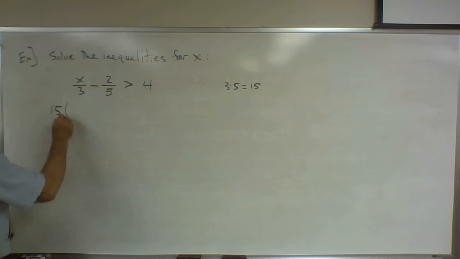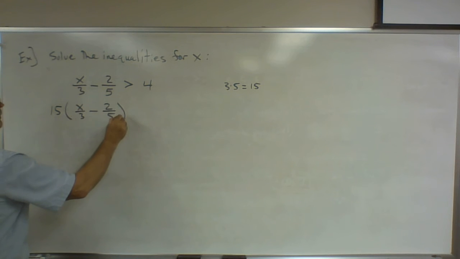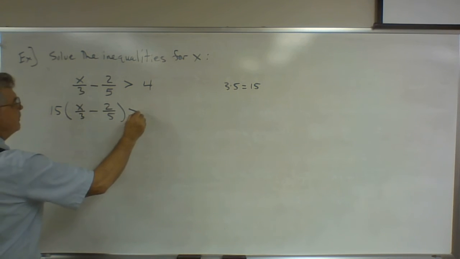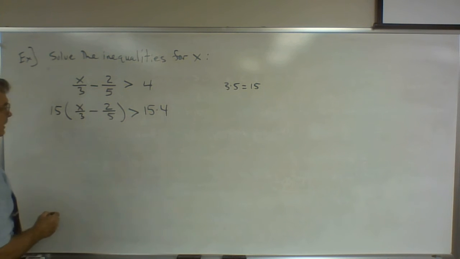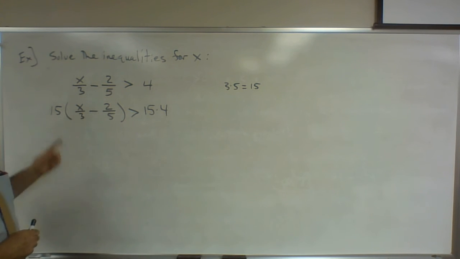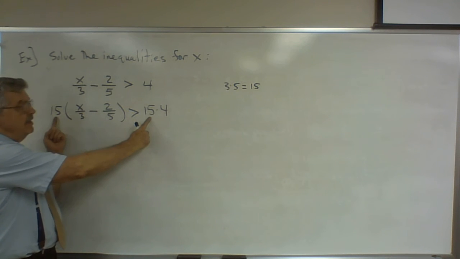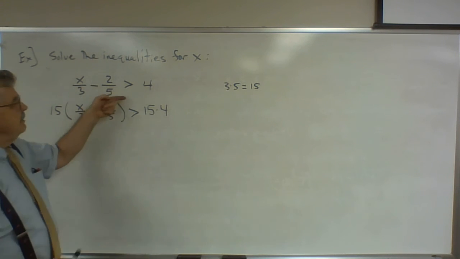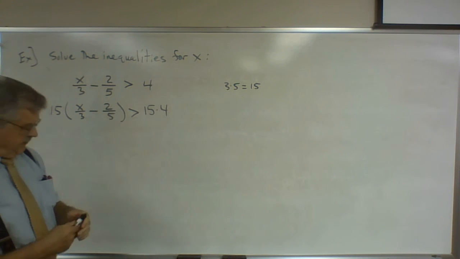So 15 times (x over 3 minus 2 over 5) is greater than 15 times 4. And notice, we multiplied both sides by a positive number, so the inequality continues to point in the original direction.